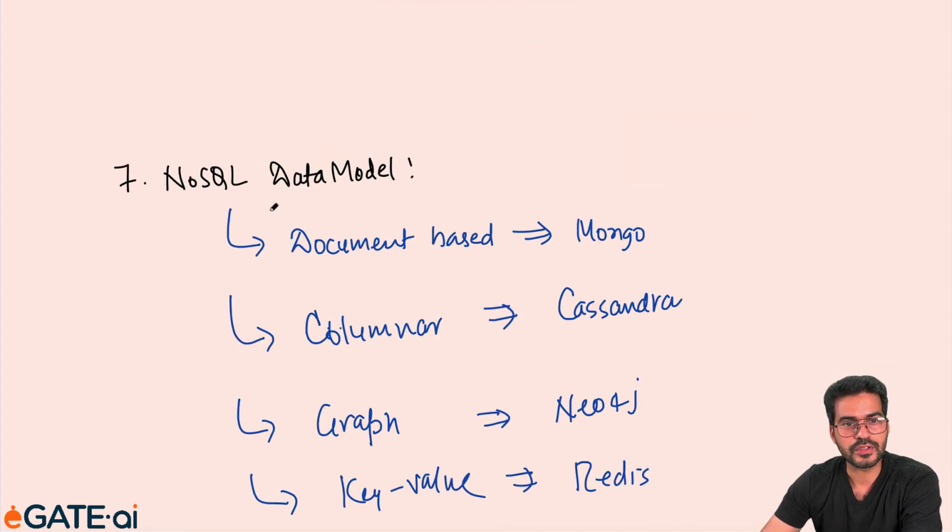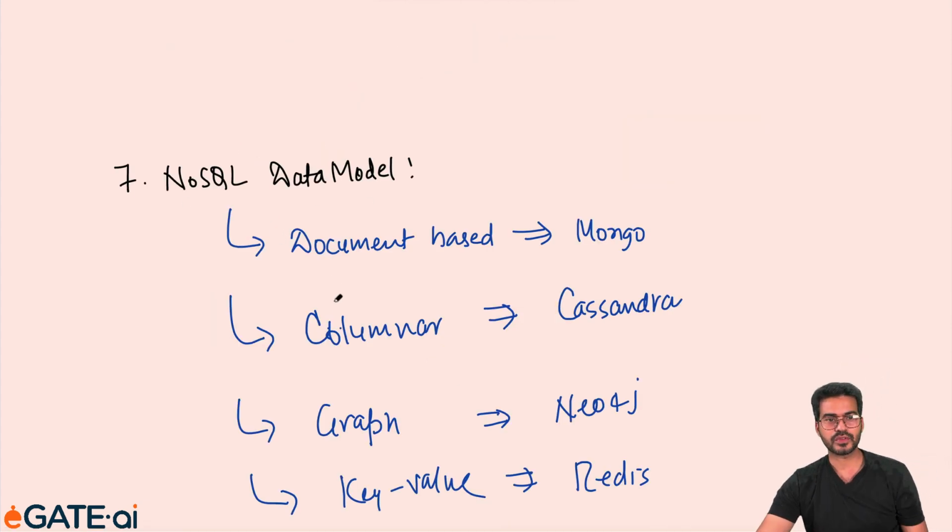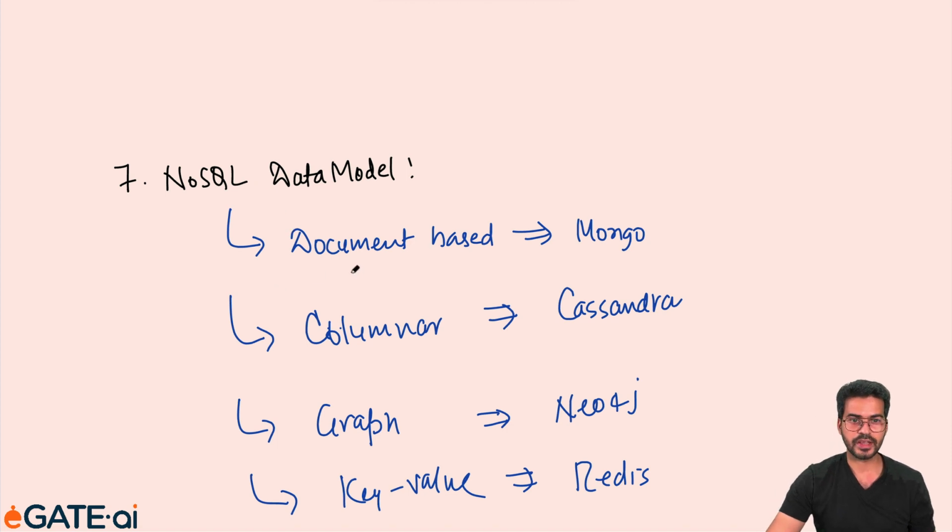The next one is the NoSQL data model. NoSQL has recently gained a lot of fame, of course due to its performance and scalability, but it has various variations. One of them is the document model. Here the records are documents, like we have tables in relational. One famous example is MongoDB.